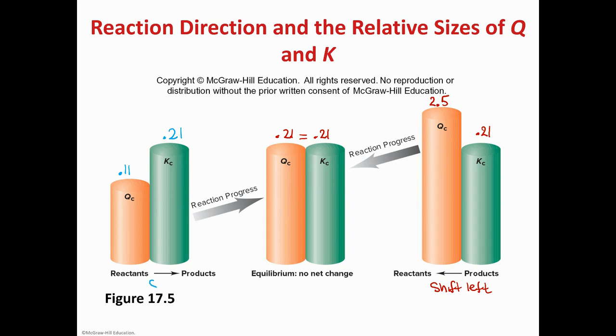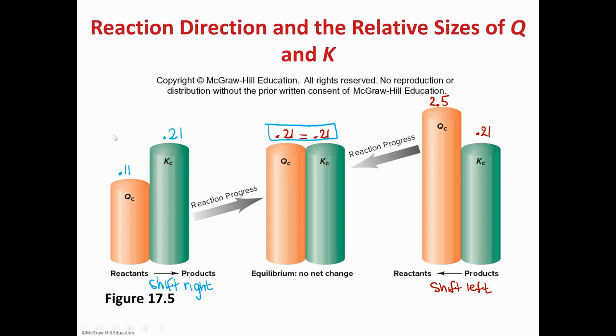And that's going to shift to the right to try to get Q to be equal to K. So this is the whole thing about Q, is that Q is just a spot in the reaction as it's shifting right, shifting left, and then it's trying to get to that equilibrium spot. And so I really like this graphic to try to visualize it.